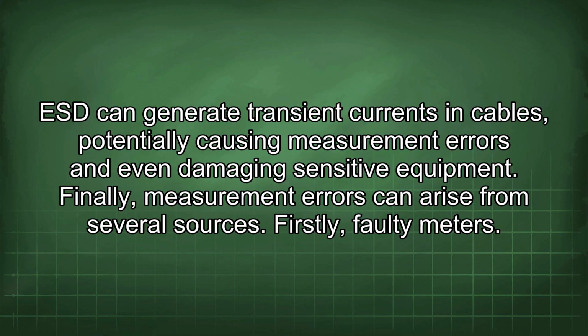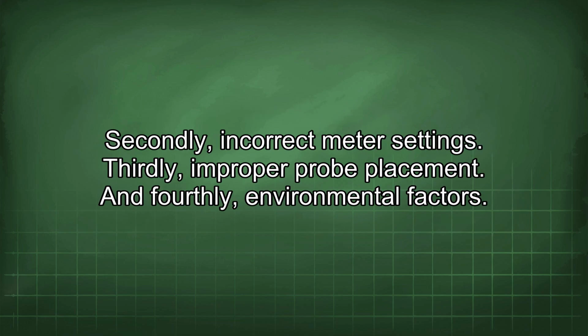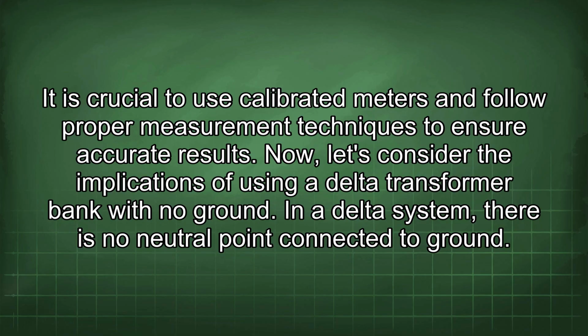Finally, measurement errors can arise from several sources. Firstly, faulty meters. Secondly, incorrect meter settings. Thirdly, improper probe placement. And fourthly, environmental factors. It is crucial to use calibrated meters and follow proper measurement techniques to ensure accurate results.